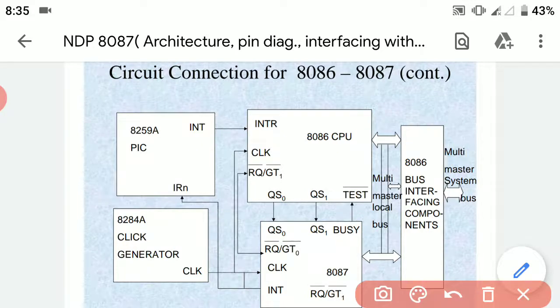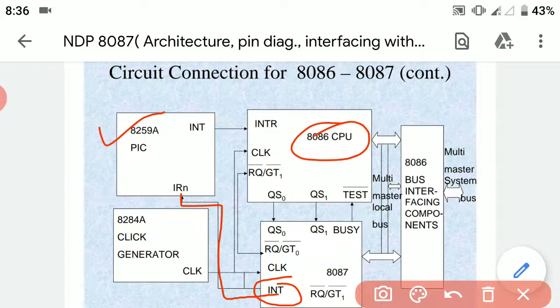Here we can see that this is the interrupt controller, and this is the interrupt pin through which the 8087 can interrupt the 8086 processor through the 8259A as interrupt controller.